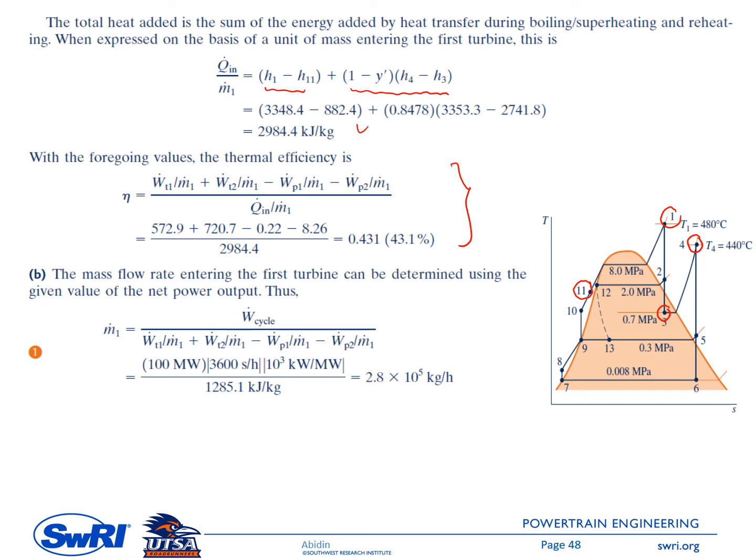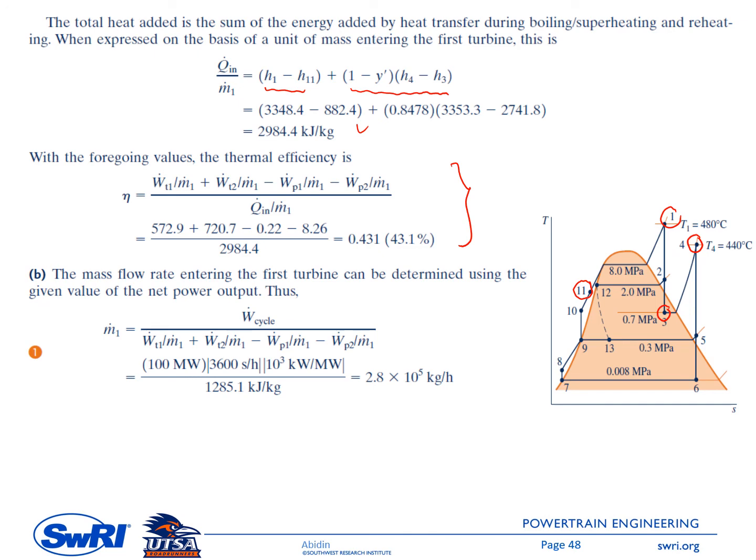We have a regenerative system with 2 feed water heaters, and we still maintain a reheater and superheater. You can see in this example that the thermal efficiency increases to 43.1%. But for sure, you will expect an increase of the capital cost to build this system.